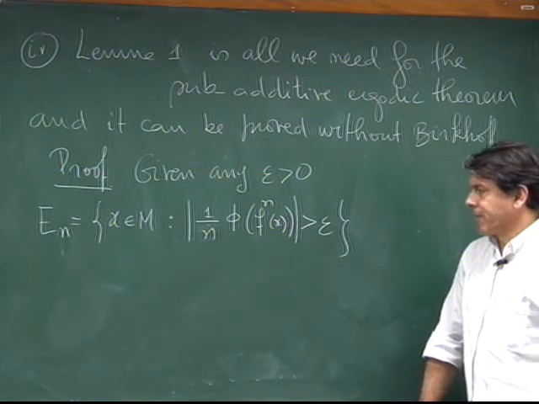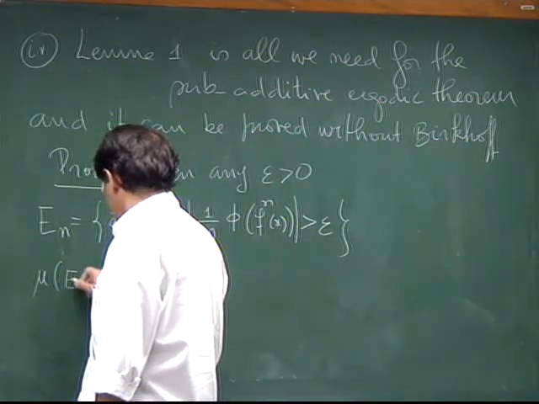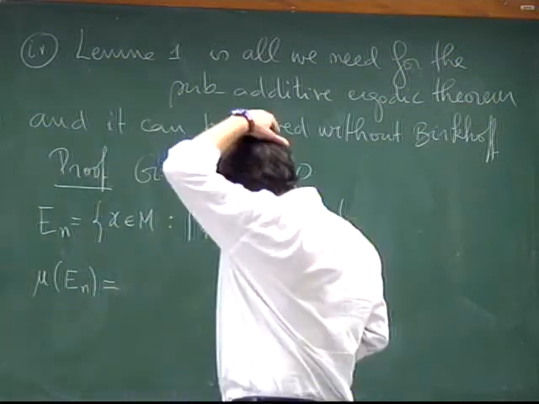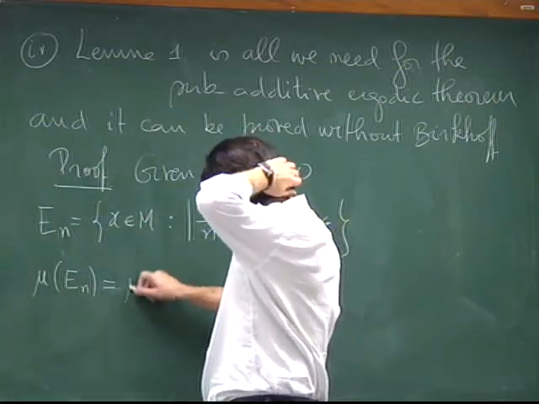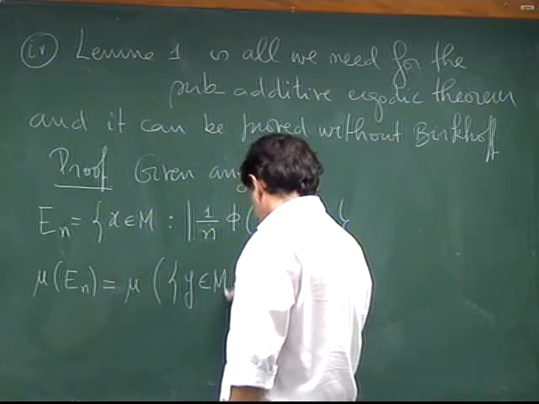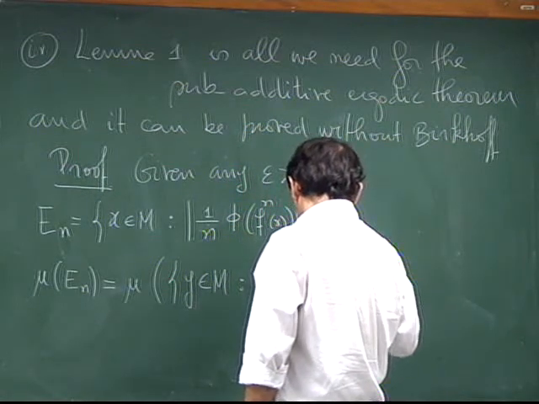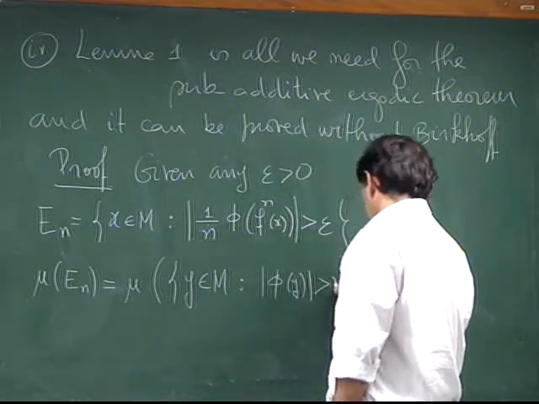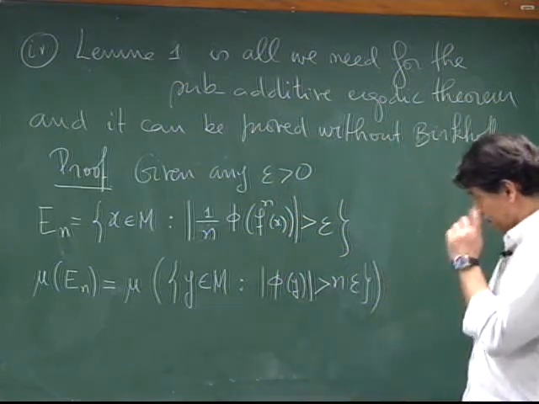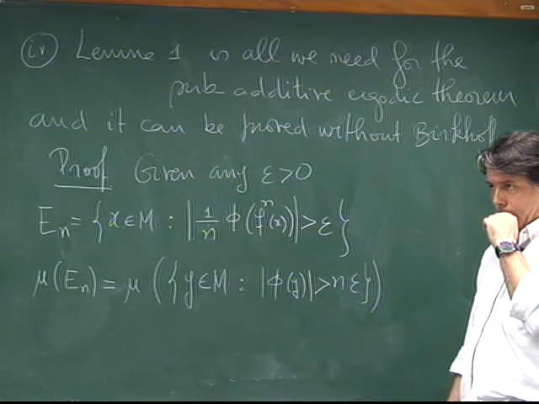Mu of E_n, it's a similar calculation to that one, is equal to the measure of the set of points y such that phi of y is bigger than n epsilon.